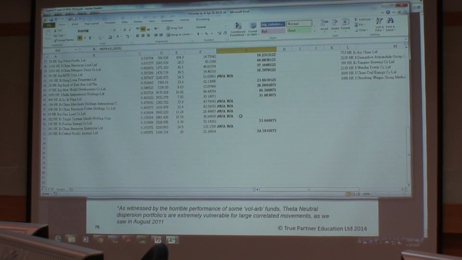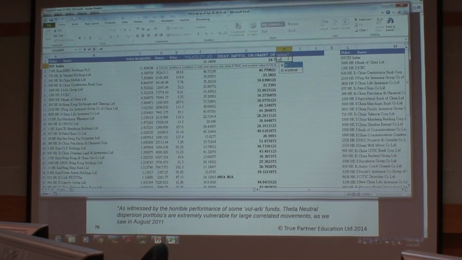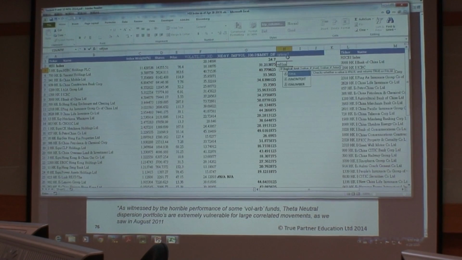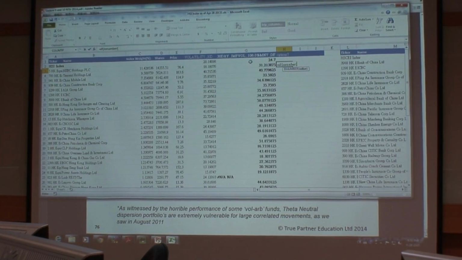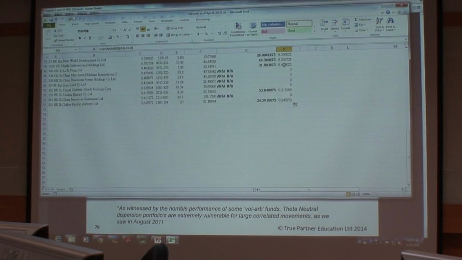So one thing I can calculate: what is the weight of the stocks that have options? So I say if the volatility is a number, so here in this column, if the stock has an implied volatility, that means if there's options listed, I want to see the weight, otherwise a 0.